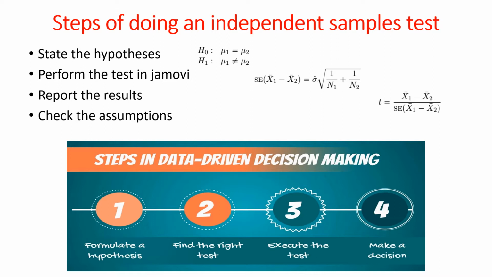So once we state our hypothesis, we think about our criterion, the alpha level, which is always 0.05. I don't need to write it down here. And then we start performing the test in Jamovi, and then we'll see whether we can reject our null hypothesis or we fail to reject our null hypothesis based on the criterion we had, the alpha level we had, and then we report the results and we check the assumptions.